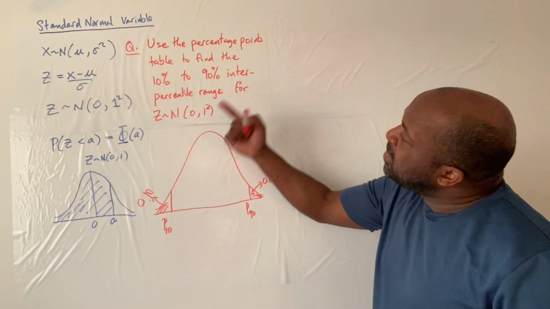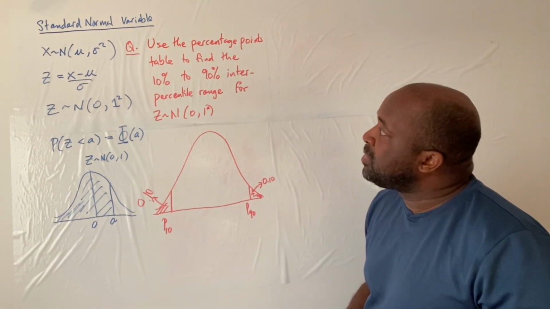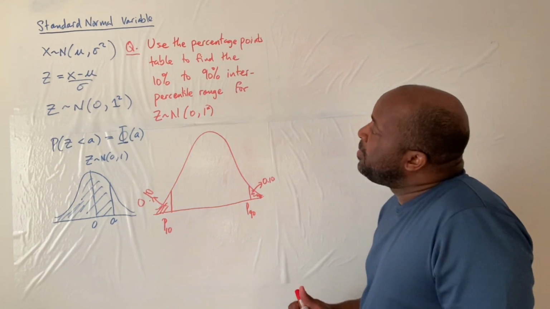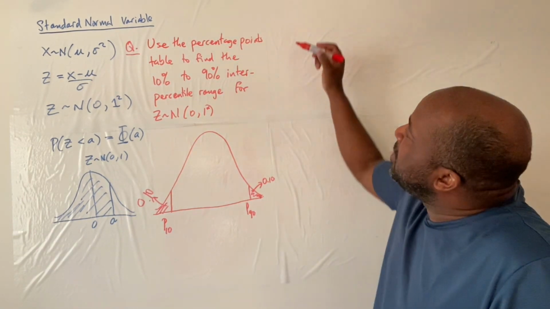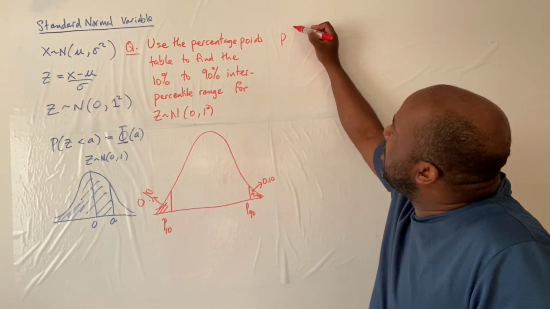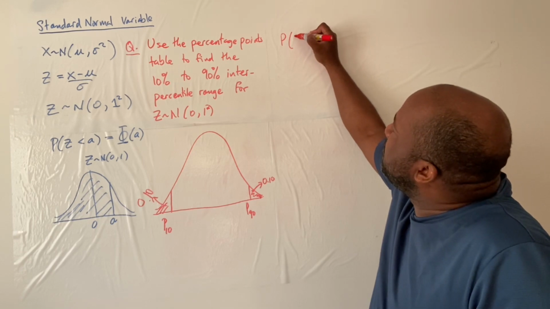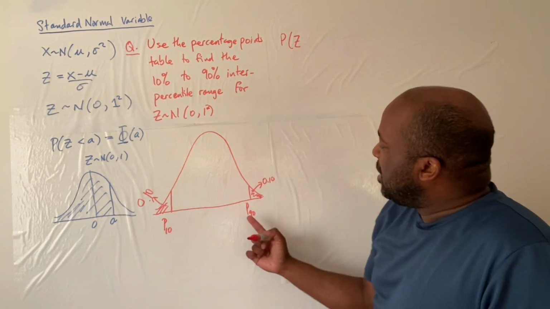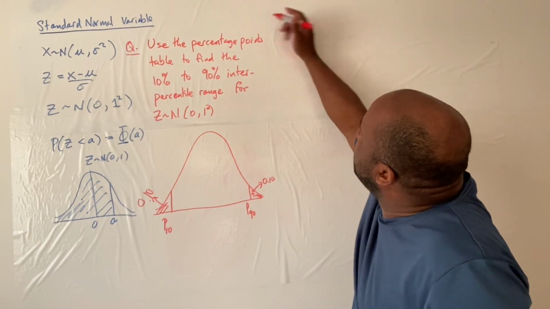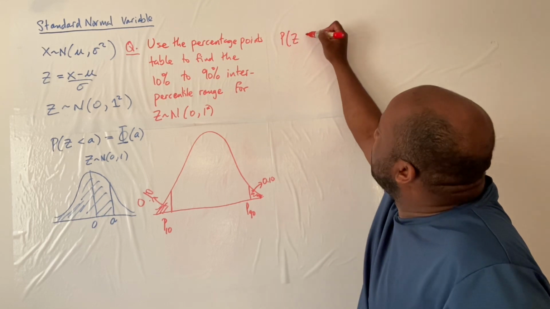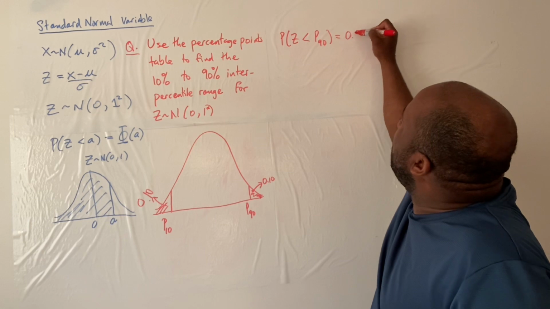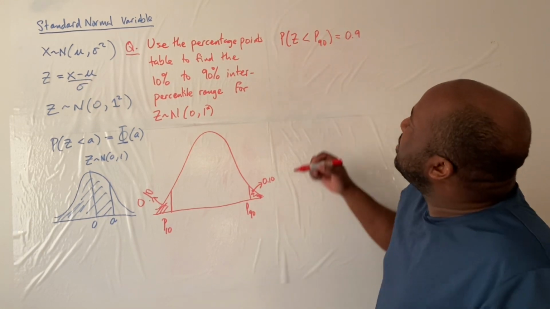Additionally, we also want to use a percentage points table of the normal distribution in order to resolve this problem. So let's now mathematize the information. Here we're basically going to be solving, given that the probability that Z is less than P90 is equal to 0.9, for P90.